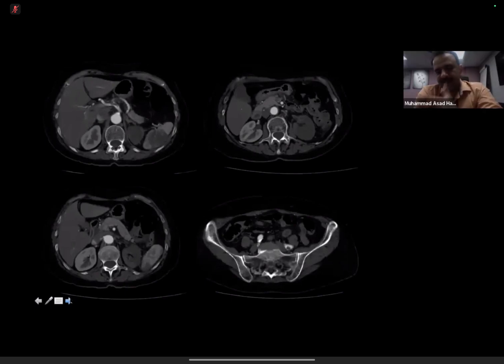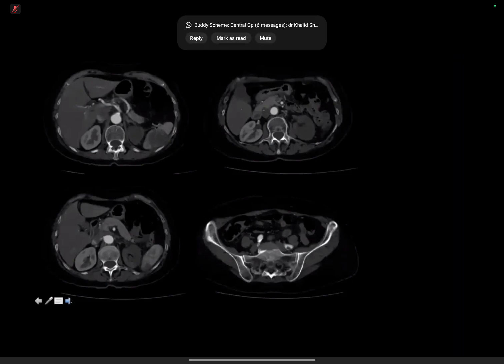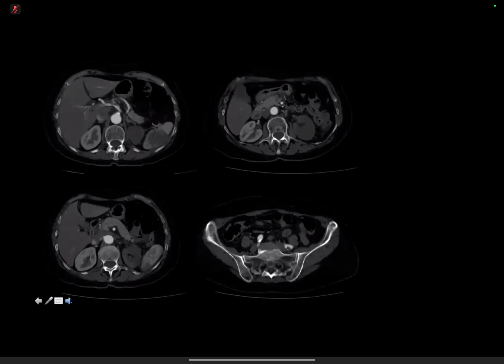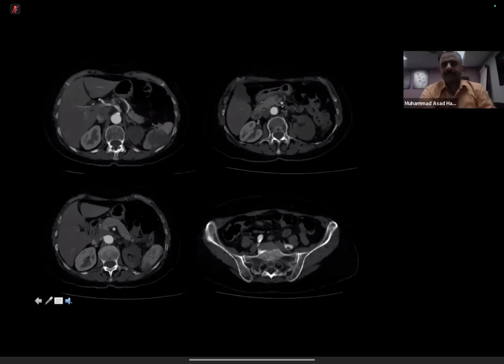Good. Okay. So once you have described these findings, that there is an embolus and basically infarction in the kidney and spleen, what are you going to recommend further? I'm going to, of course, check the rest of the scan, and echo, Doppler. Good.